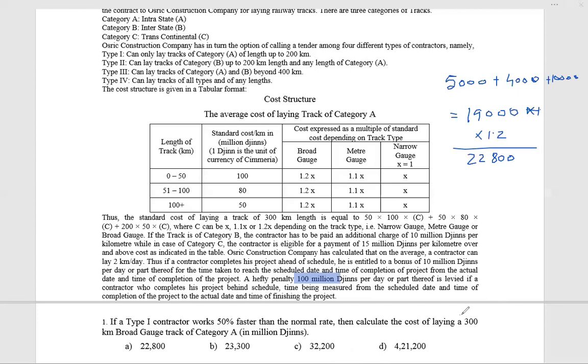Now, 300 kilometers ideally should have taken 150 days. The contractor works 50% faster, so instead of 2 he lays 3 kilometers per day. So the work is completed in 100 days, which is 50 days ahead. Per day he gets 10 million, so 50 into 10 million is 500 million.